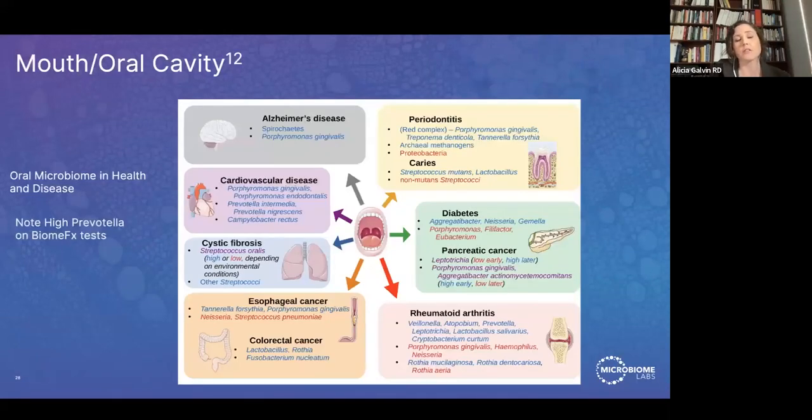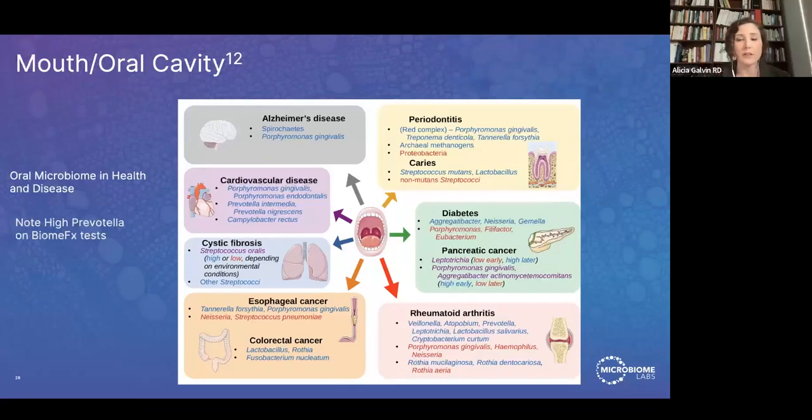These are some of the different oral microbes that are associated with certain systemic disorders like diabetes, cystic fibrosis, and arthritis. If you are running BiomeFX tests, if that is a stool test that you have started running in your practice, pay attention to Prevotella. Prevotella is one of the genera on that dysbiosis ratio.